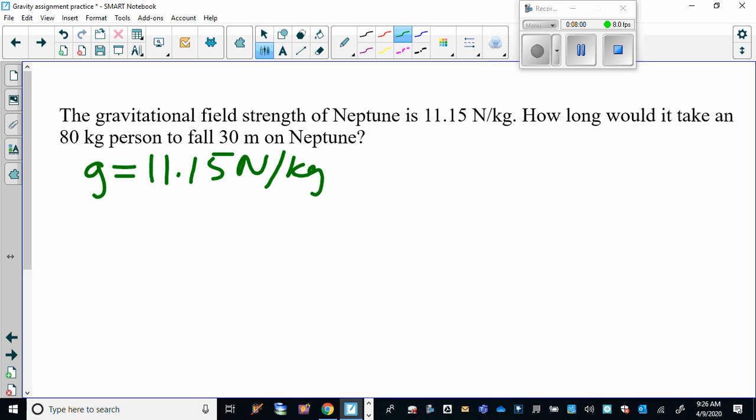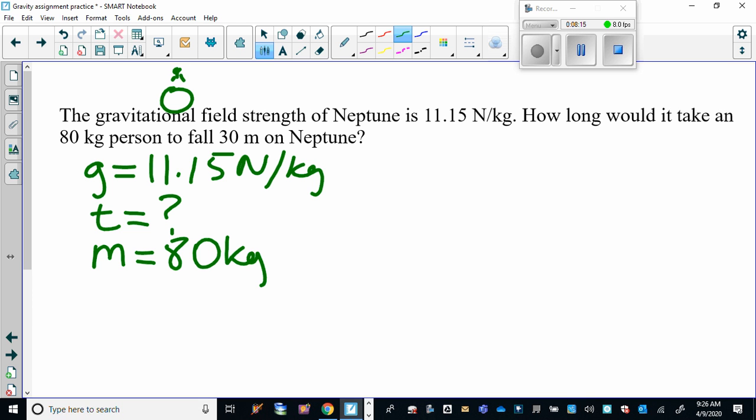How long? We're trying to find time. The mass is 80 kilograms. So they're on Neptune and they're falling 30 meters. So the distance is 30.